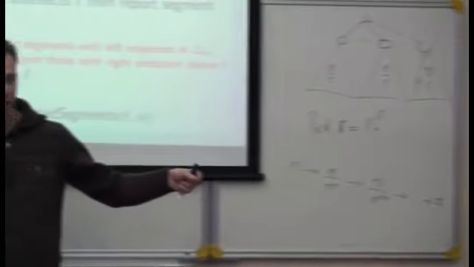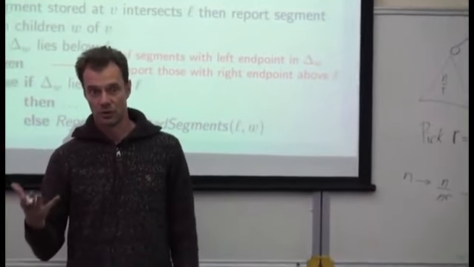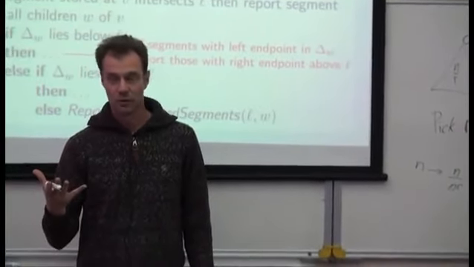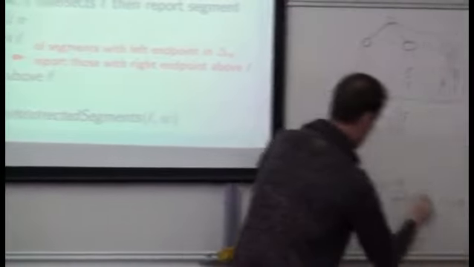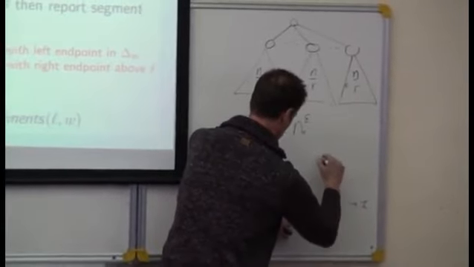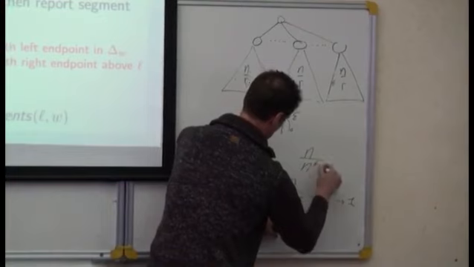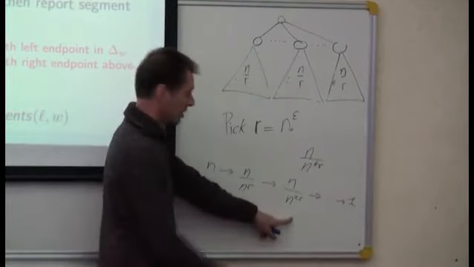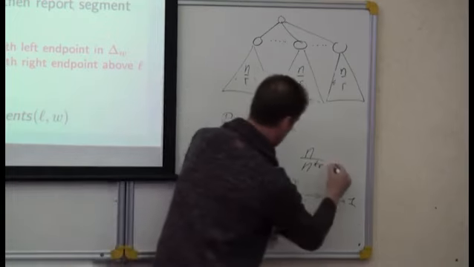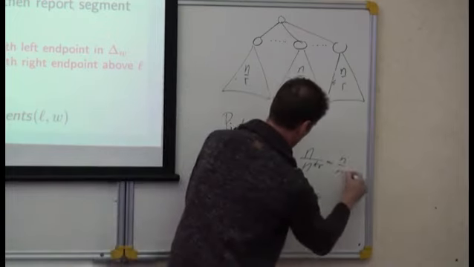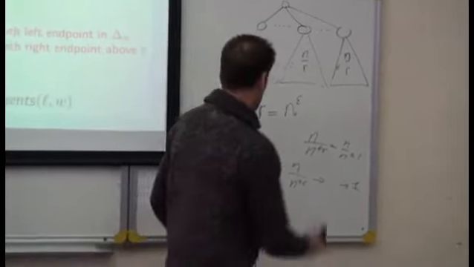So how many steps do I have to take? 1 over epsilon, right? Because after k steps I have n divided by n to the k times epsilon. So if I take k as 1 over epsilon, then this is simply n divided by n, which is 1.